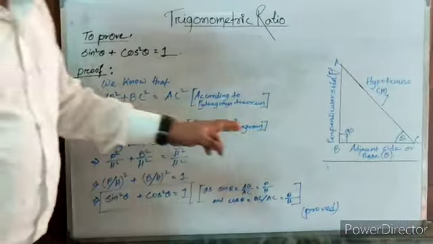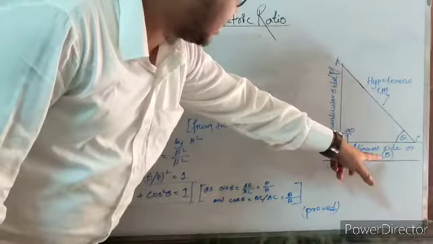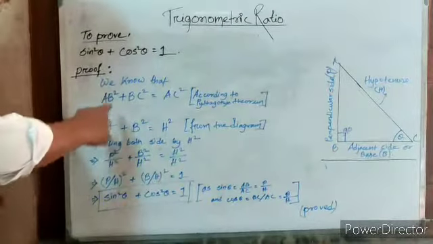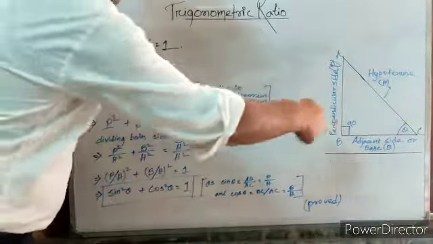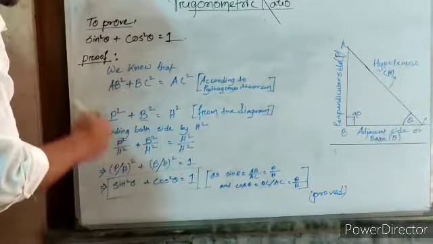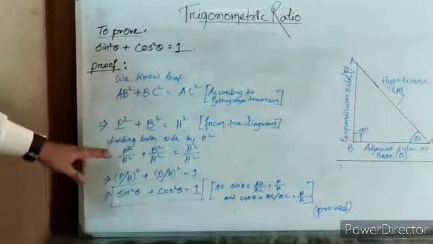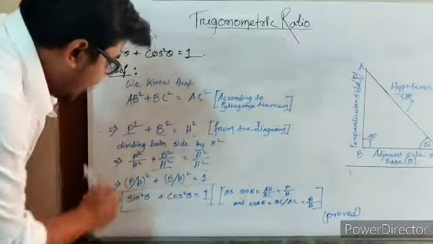If we take the perpendicular side equal to P, the adjacent side or base equal to B, and the hypotenuse equal to H, then AB square equals P square, BC square equals B square, and AC square equals H square. Now if we divide both sides by H square, we get P square by H square plus B square by H square equal to H square by H square.